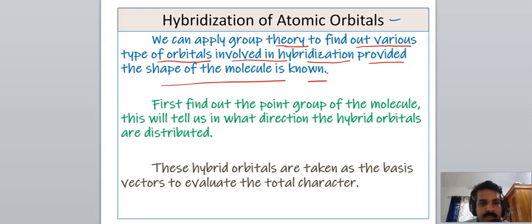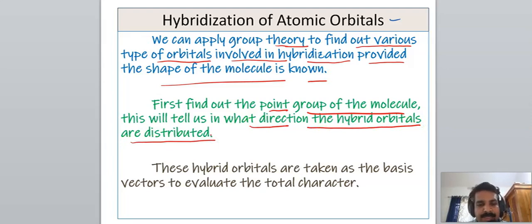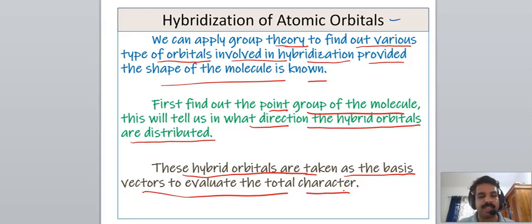First, find the point group of the molecule, which tells us in what direction the hybrid orbitals are distributed. These hybrid orbitals are taken as the basis vectors to evaluate the total character. That is, the first step is to evaluate the total character using the hybrid orbitals.